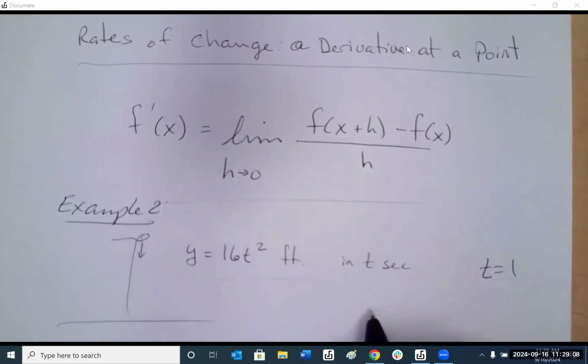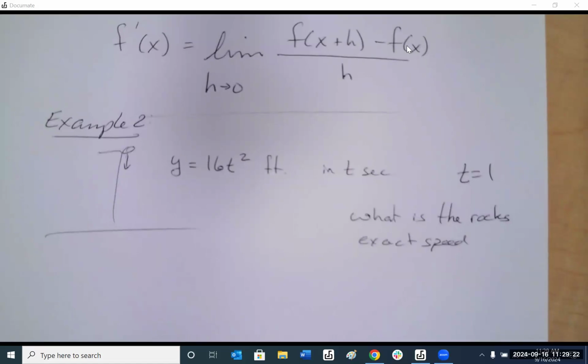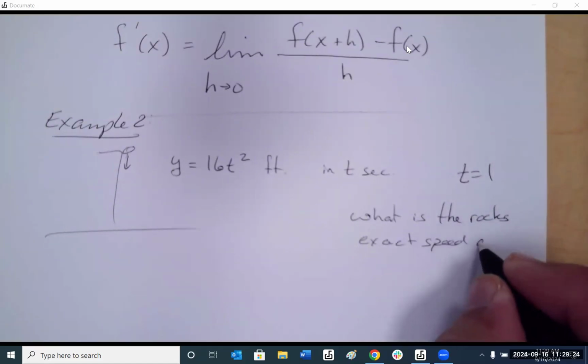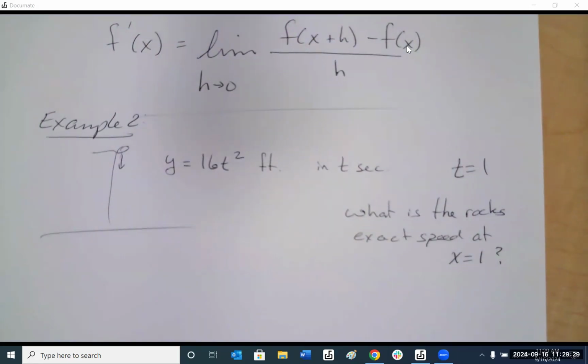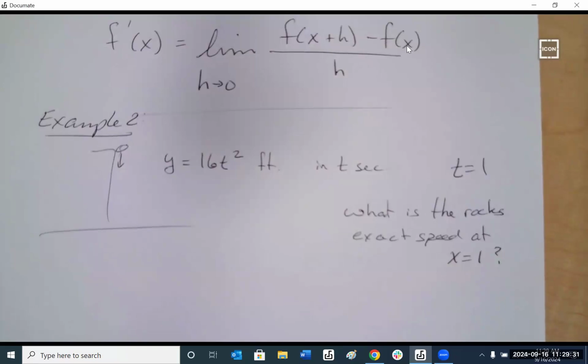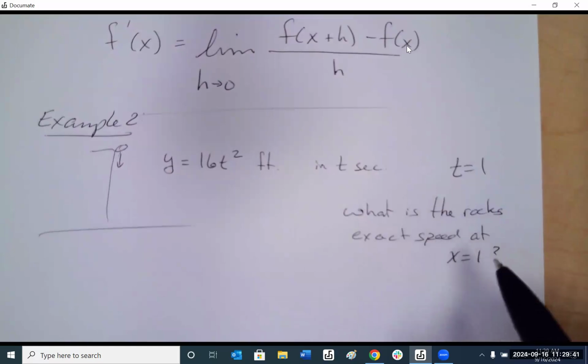So what is the rock's exact speed at x equals 1? What is the exact speed?